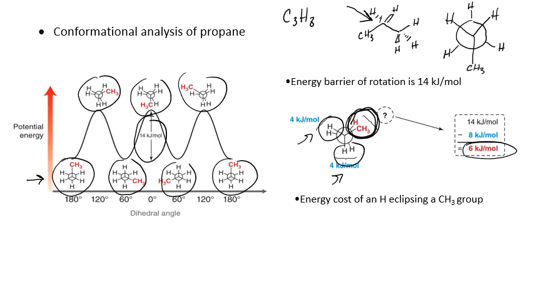So again, I'll give you all of these values. You never have to memorize these. So the energy cost of a hydrogen-methyl eclipsing interaction is greater than the cost of a hydrogen-hydrogen eclipsing interaction. And you notice the total energy difference is greater because we have those larger groups eclipsing each other, which costs more energy.